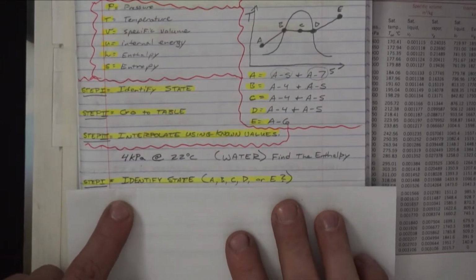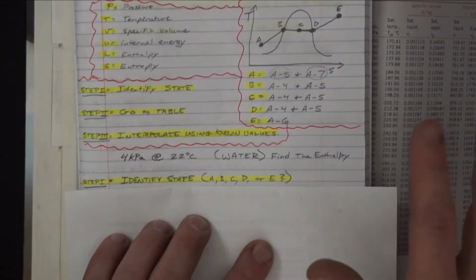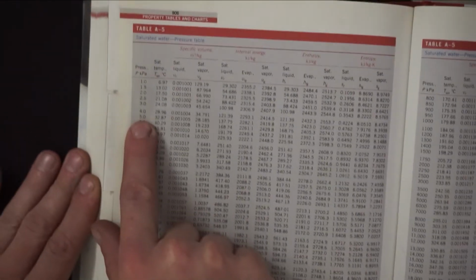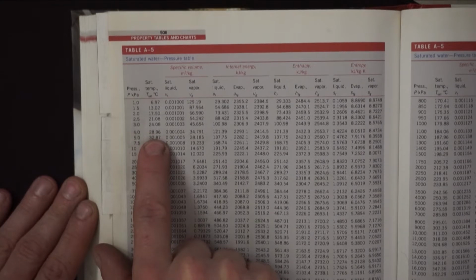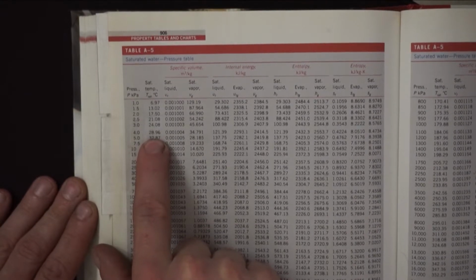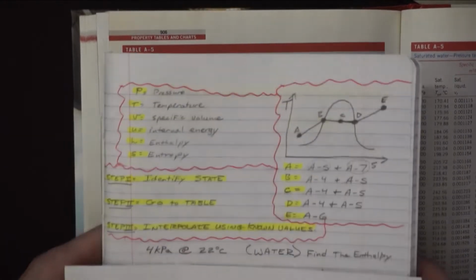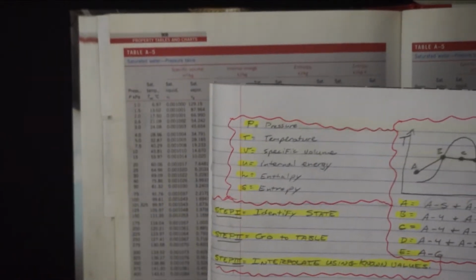First step, identify the state. Where does it fall on this graph? Well, let's go and see. So at 4 kPa, which is right here, the saturation is 28.96. Okay, well the temperature is 28.96 there, but it's 22 here. So what does that mean?